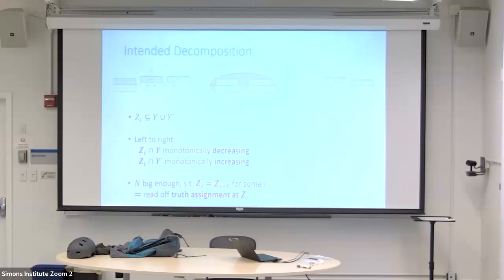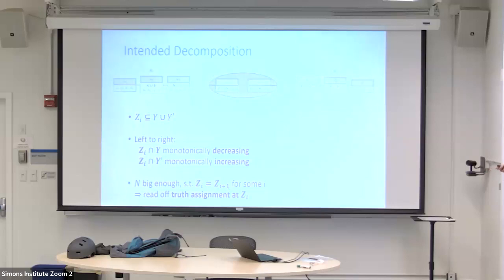Then ultimately the intended decomposition looks like this. We have the unprimed version of our gadget H0. We have the primed version. Here, all of the vertices Y without prime occur. Here, all of the primed versions occur, and in between, by the connectedness condition, it is clear that we have a monotonically decreasing subset of the Y variables and a monotonically increasing subset of the Y primed variables.